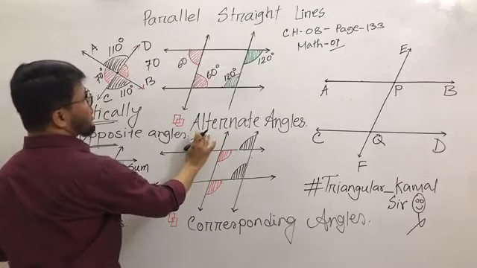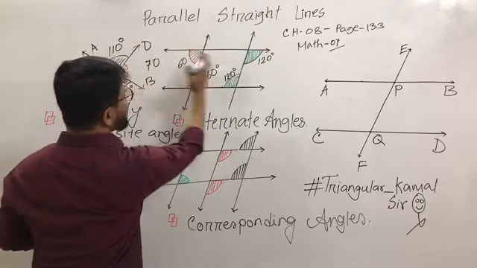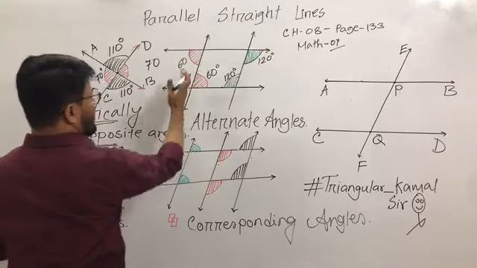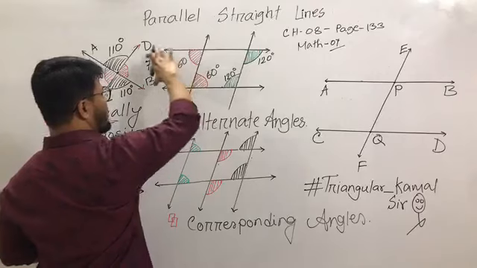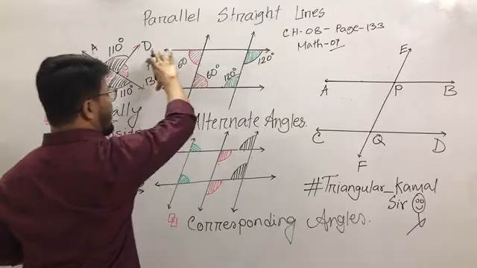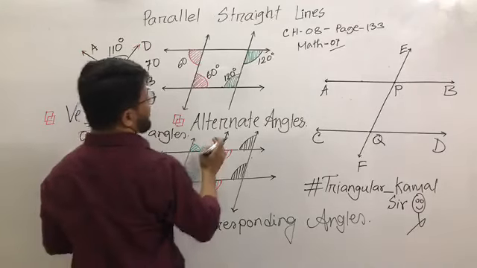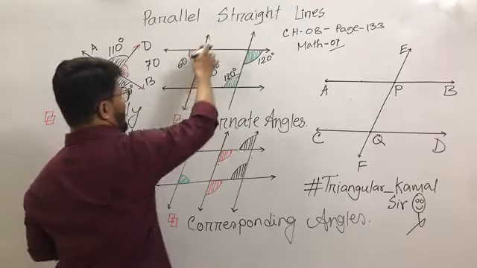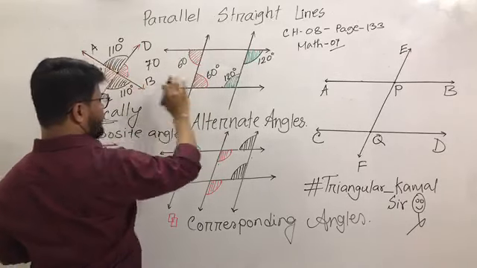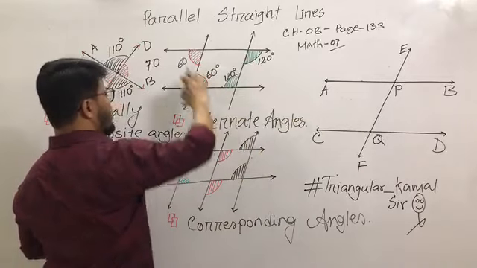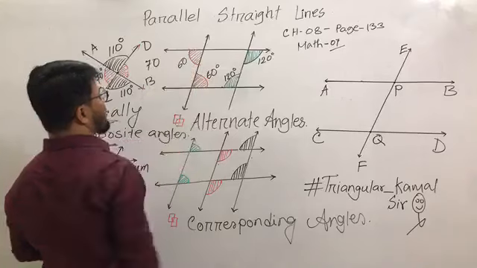So alternate angles are always equal, and they are on two different sides of the transversal. This is the right one, this is the right one, this one is the left, and they are always inside the parallel lines. I am repeating these characteristics again. This is a transversal line here, and of the two angles, the first one is on the left side, the second one is on the right side, and they are both inside the parallel lines and on two sides of the transversal.